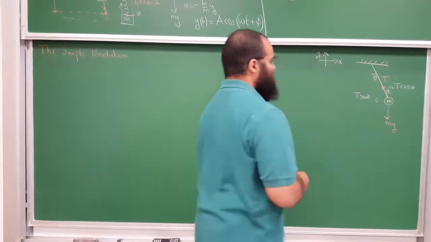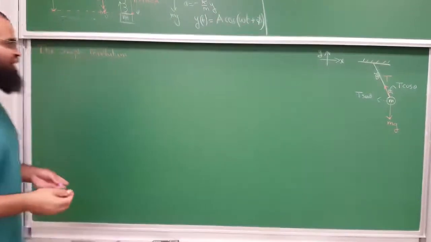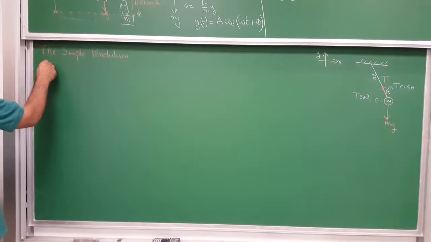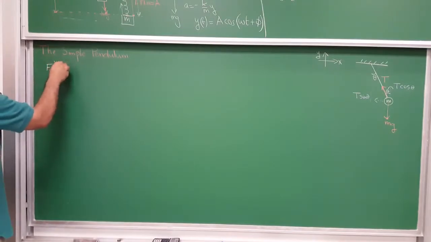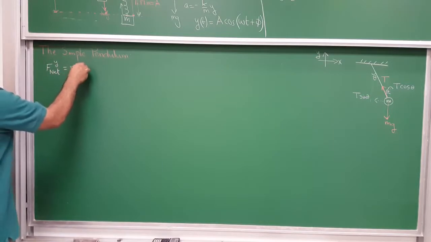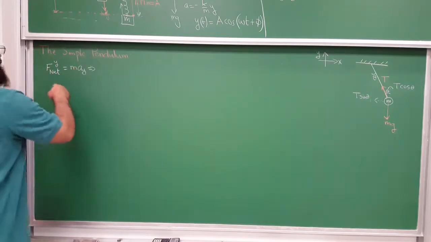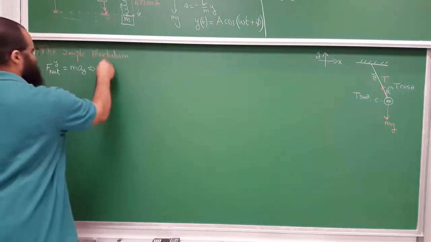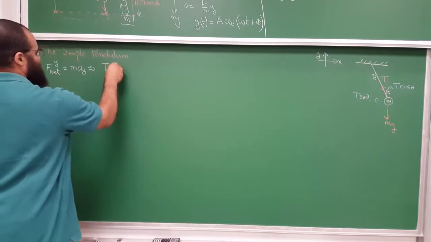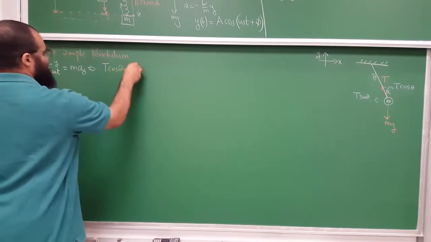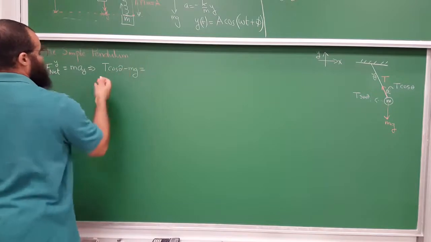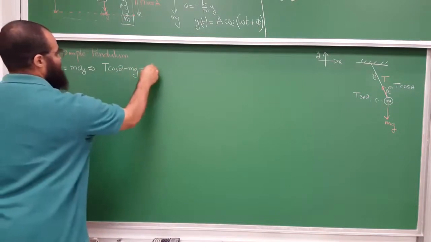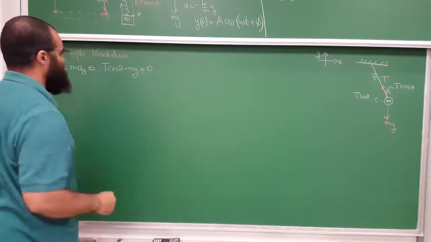We're going to look in the y direction. The net force in the y direction equals the mass times the acceleration in the y direction. The net force consists of the tension times cosine theta, that's upward, minus mg, that's downward, and that equals the mass times acceleration in the y direction, which we're going to say is simply 0.